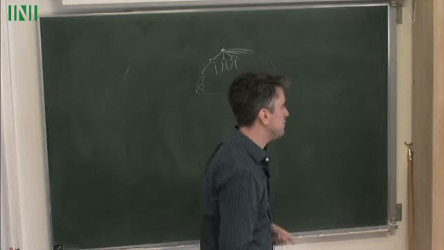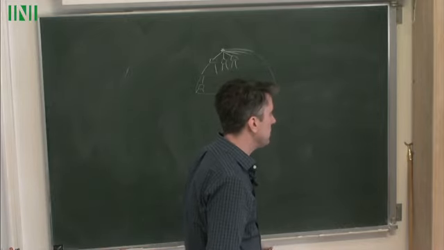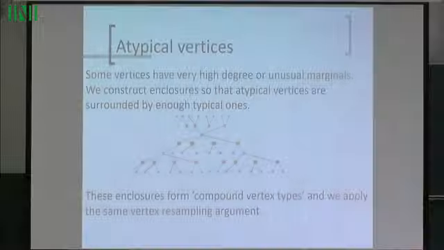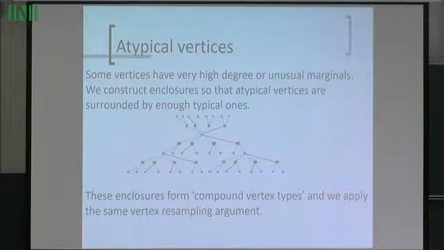You can show that when you do this resampling, there's some sort of entropic decay of correlation argument that says the distance from the product measure will again decrease.